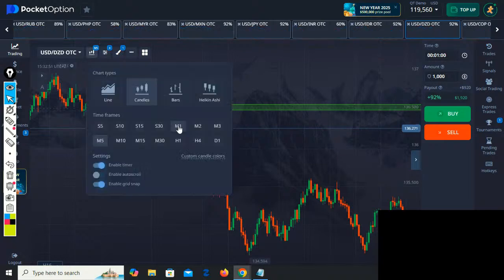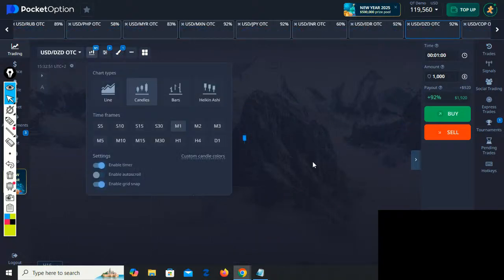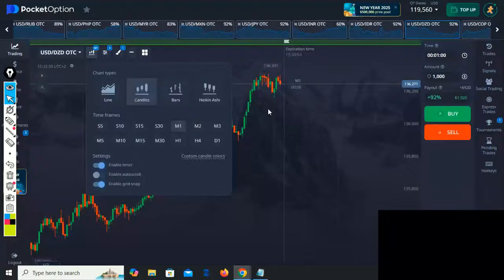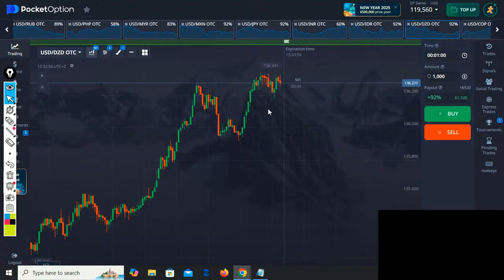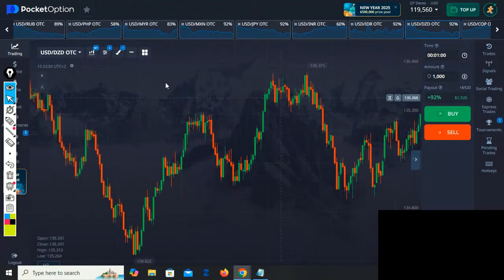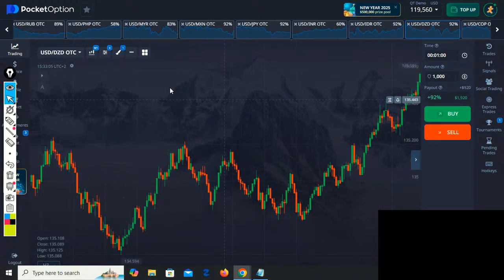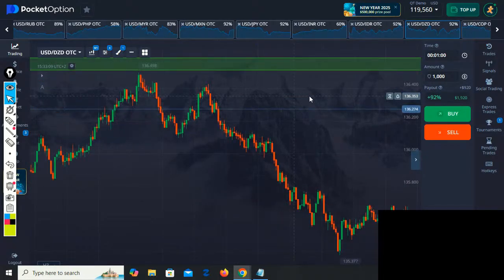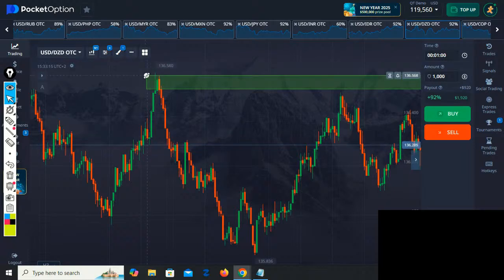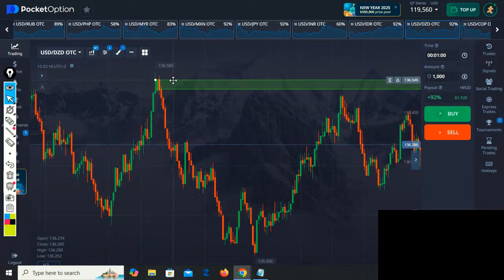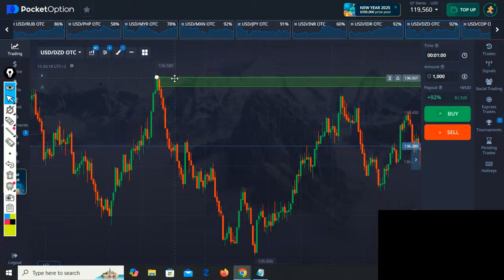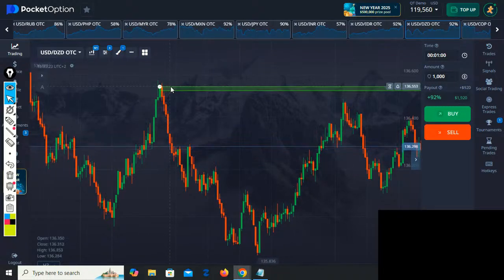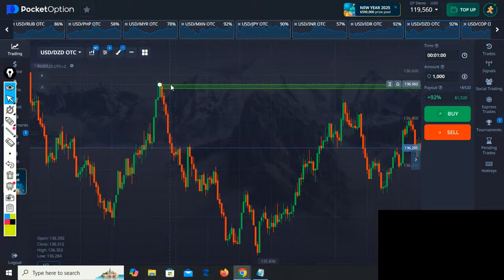Let me see that on the 1 minute. Very powerful supply zone over here. See that? Okay. Let's narrow it down. Can enlarge it a little bit.